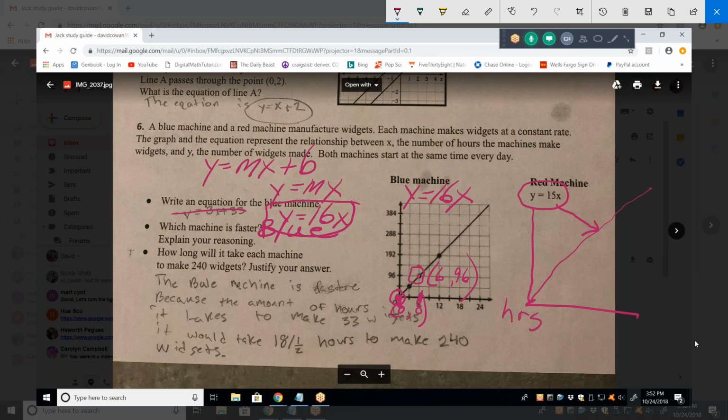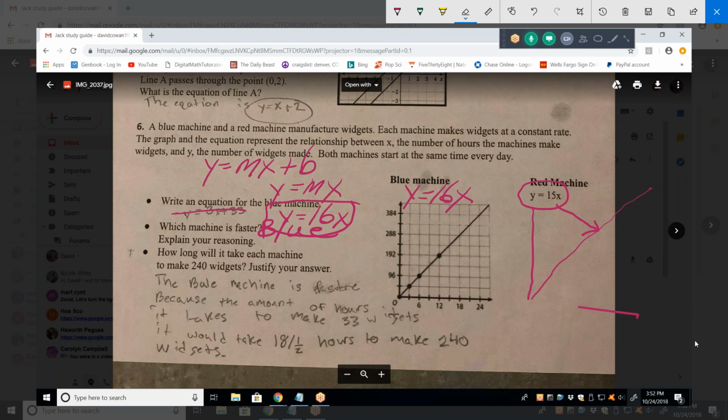How long will it take each machine to make 240 widgets? I said 18 and a half hours, but I think that's wrong. Well, I don't know if it's right or wrong, but I want to know your reasoning.